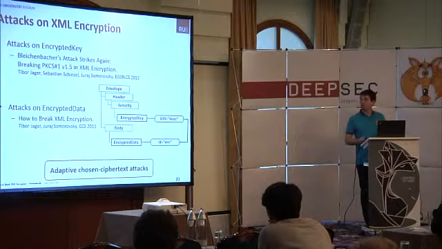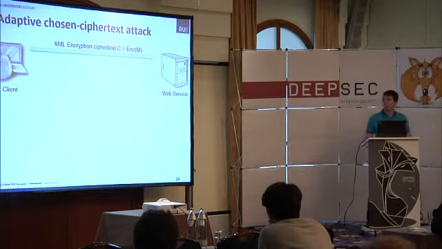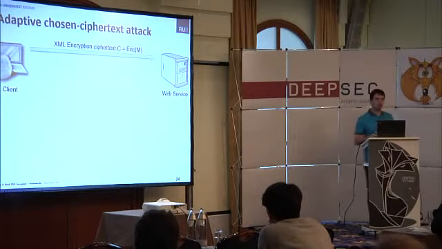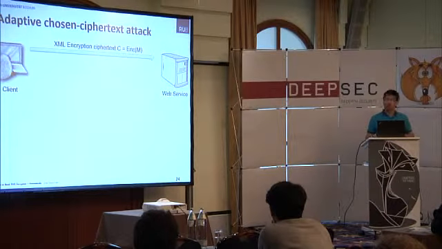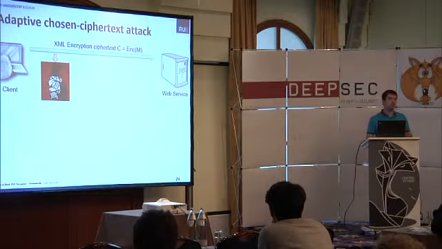What does it mean? So what is an adaptive chosen ciphertext attack? So imagine we have a client and a server, and the client sends some confidential data, some ciphertext, to the server. This is just a basic scenario. How does the attack work? Or both of the attacks. We have an attacker who eavesdrops this ciphertext, or maybe finds the ciphertext with confidential data.